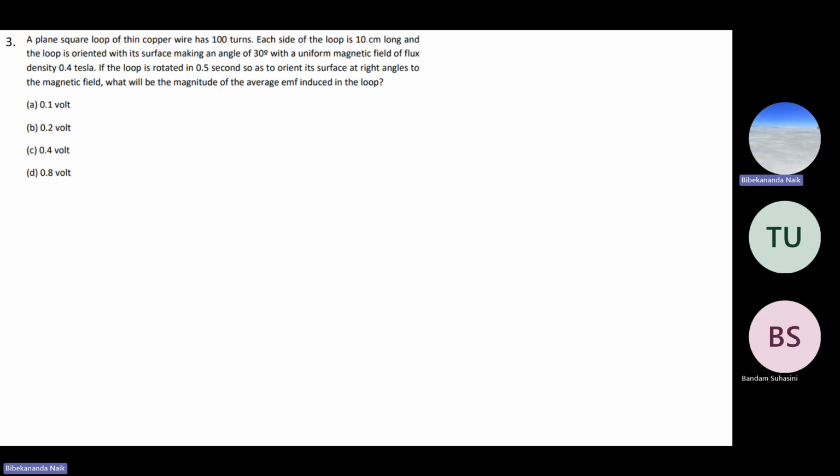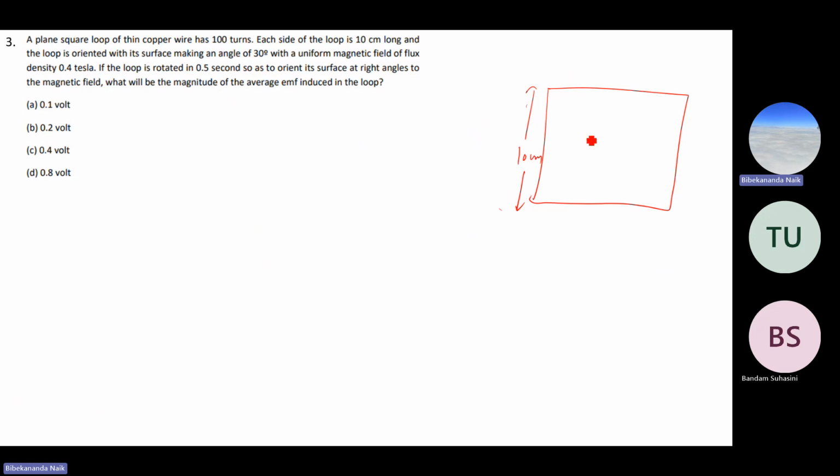So this is a very good question. The question says there is a loop of thin copper wire and the side of the loop is 10 centimeter long. So suppose this is the loop of copper wire. This side is 10 centimeter, and the loop is oriented so that its surface is making an angle of 30 degree with a uniform magnetic field of flux density 0.4 Tesla.